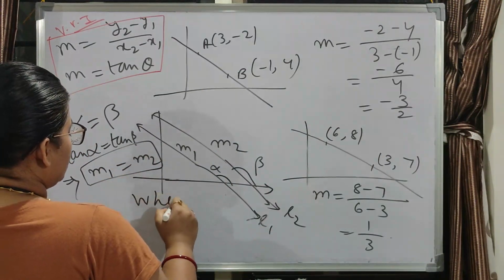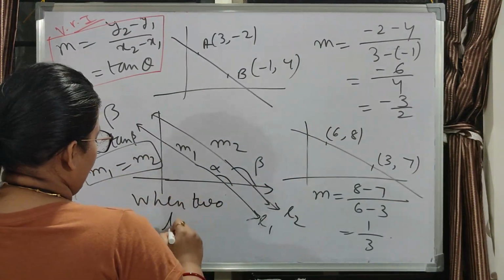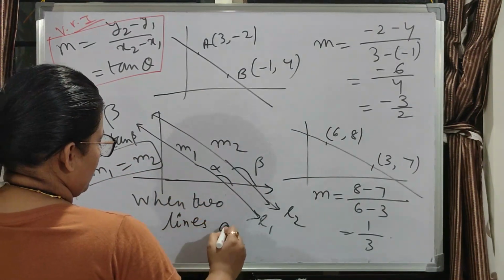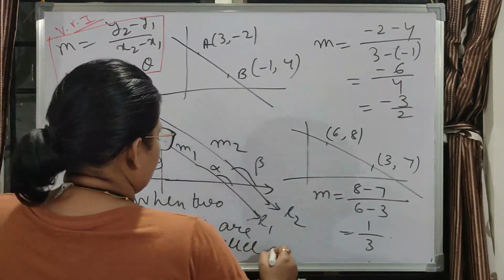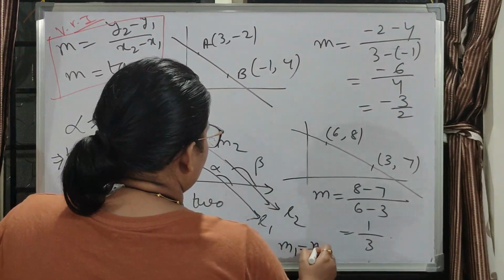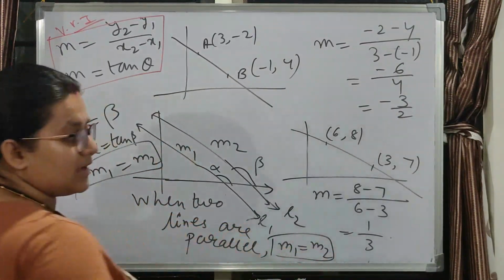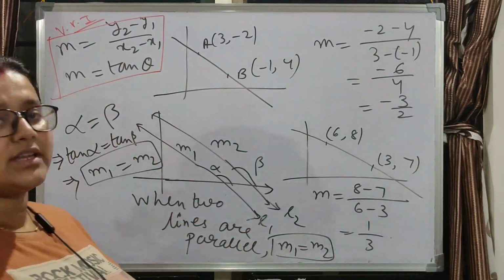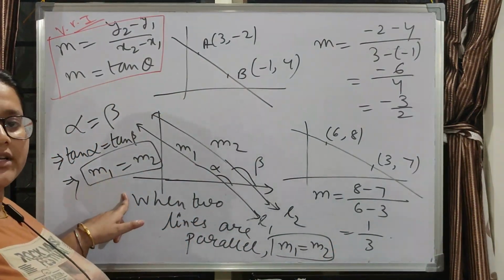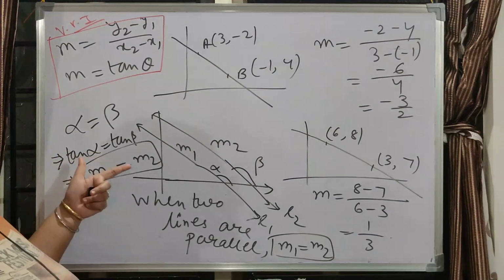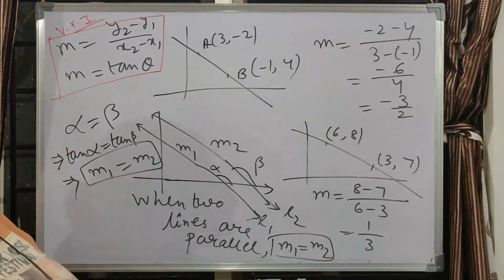So when two lines are parallel, the slope condition is that m1 and m2 are equal. This is an if and only if condition. If m1 and m2 are equal, we can say tan alpha equals tan beta and then alpha equals beta.